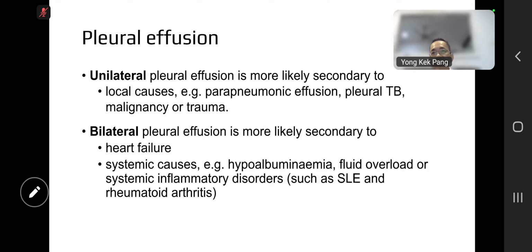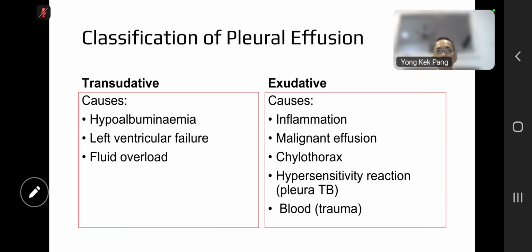On the other hand, because it's a systemic problem, then it tends to be bilateral, such as in patients with heart failure or other systemic causes like low albumin, fluid overload, or systemic inflammatory disorders in conditions such as SLE, rheumatoid arthritis.